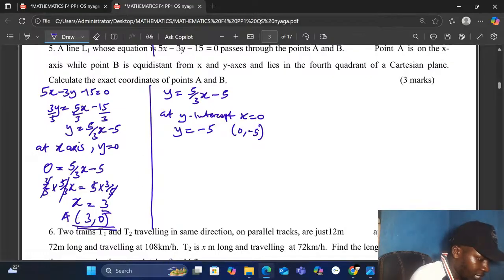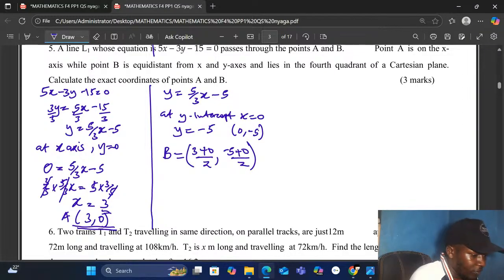So x is 3, 0, and y is 0, negative 5. So B, being equidistant, that one will take the values of x, which is 3 plus 0, divided by 2, and the values of y, negative 5 plus 0 divided by 2.